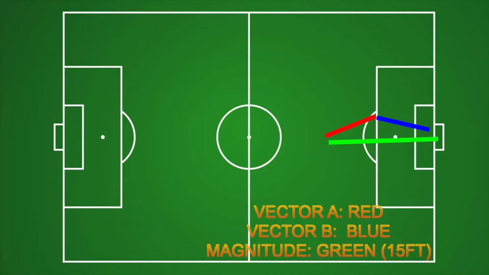If Ian, the shooter, was about 15 feet away from the goal, vector A would be 7.5 feet and vector B would be 7.5 feet as well. This means that the ball began to curve at the point where vector A and B meet.